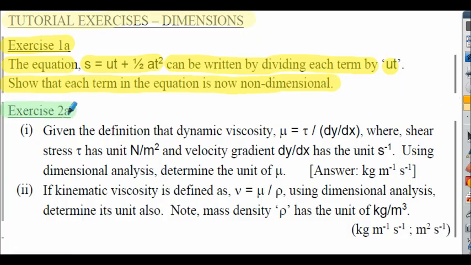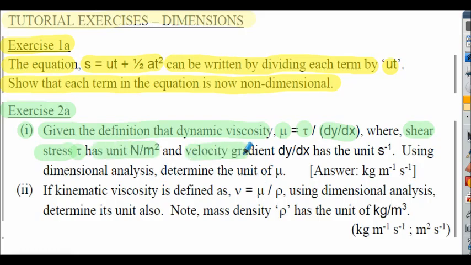Exercise 2a, part 1. Given the definition that dynamic viscosity, mu, is equal to tau divided by dy by dx, where shear stress tau has the unit of the Newton per meter squared, and velocity gradient dy by dx has the unit of s to the negative 1, or per second.